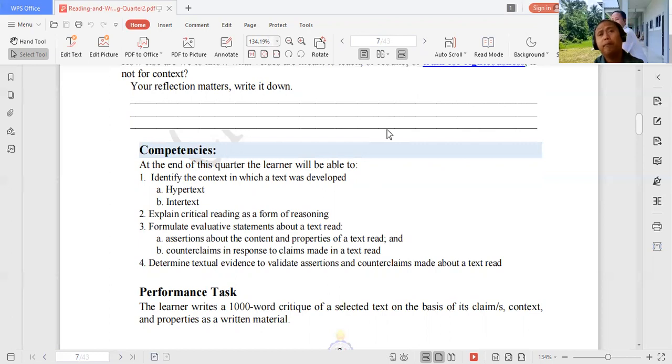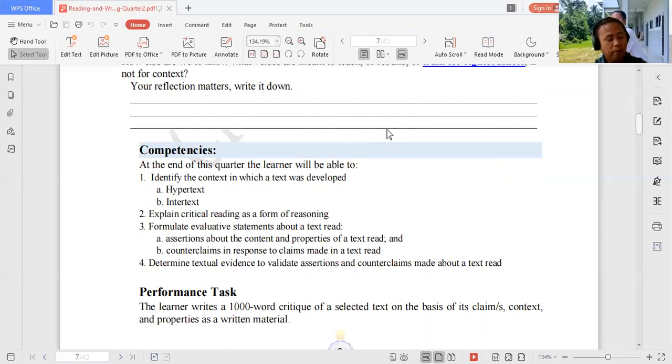Now, counterclaim, for example, I am going to say, you are ugly. So then you will have to rebut me, counterclaim. Now, what are your evidences, or what are my evidences? You're going to ask me, what are my evidences? Why you say that I am ugly? What are your evidences? That is counterclaims.